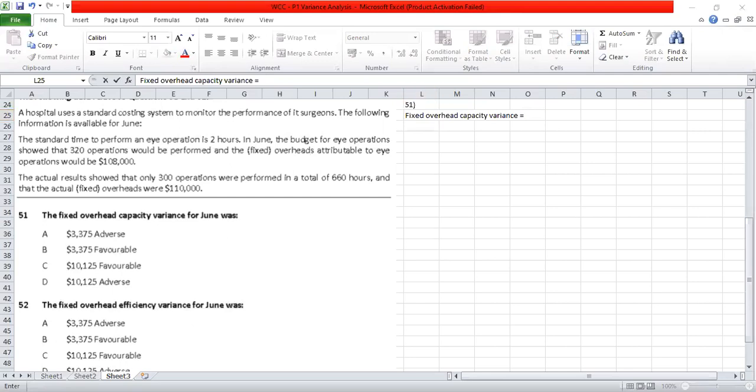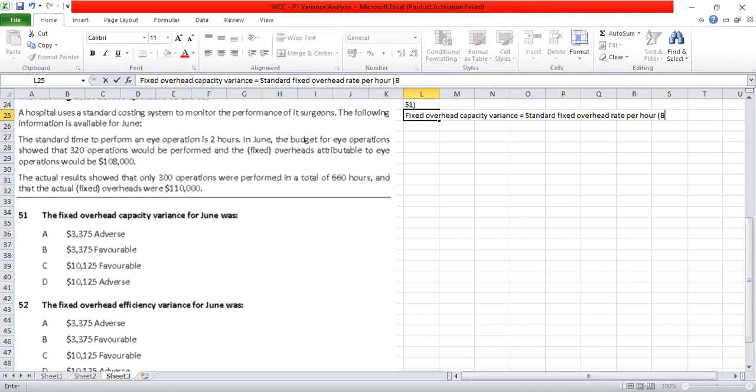Fine. Then we also should know what the standard fixed overhead rate per hour is, because the capacity is in terms of the number of hours.